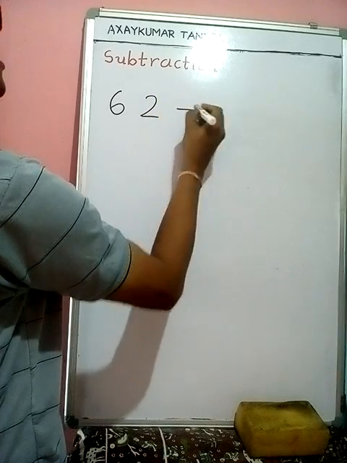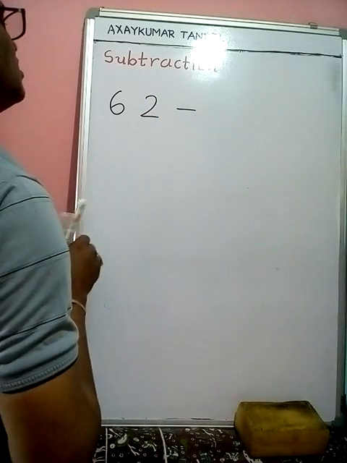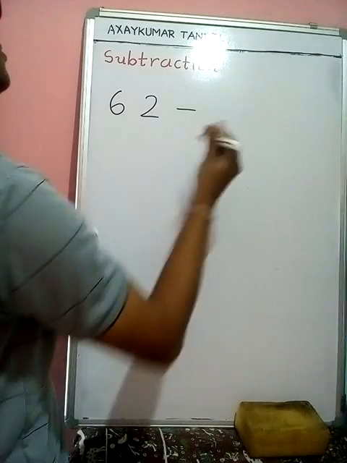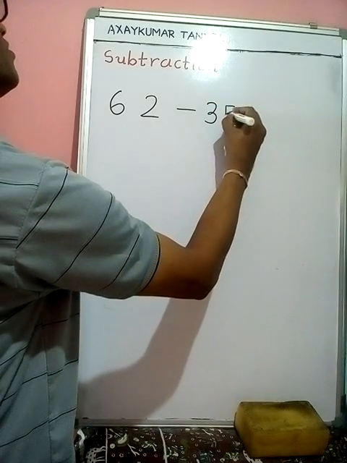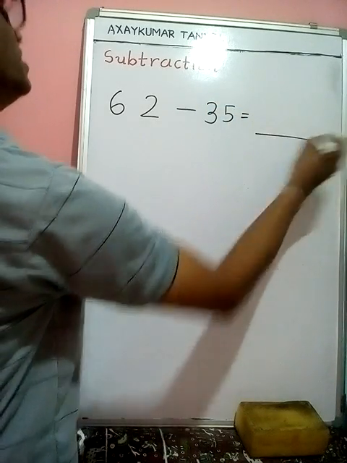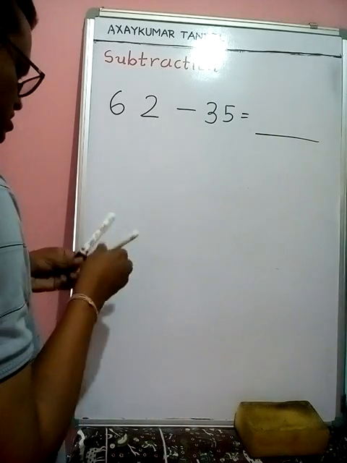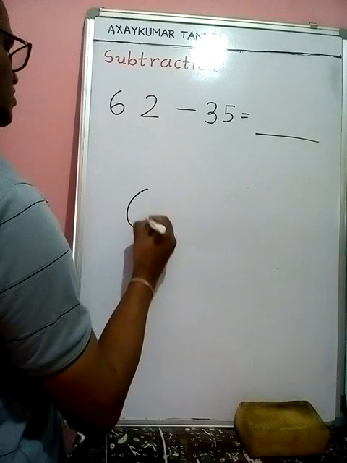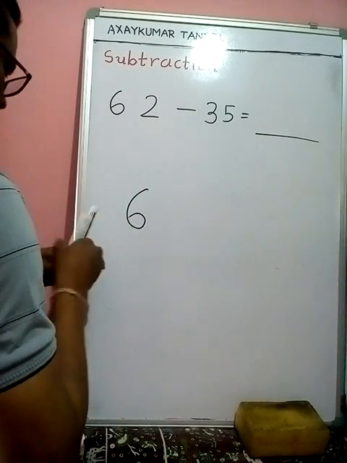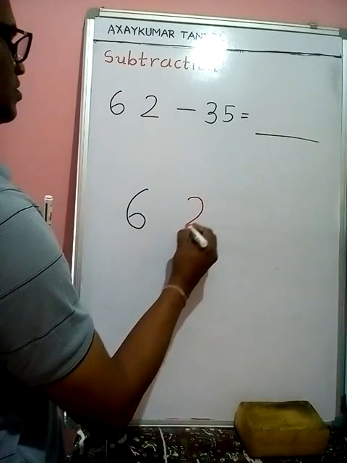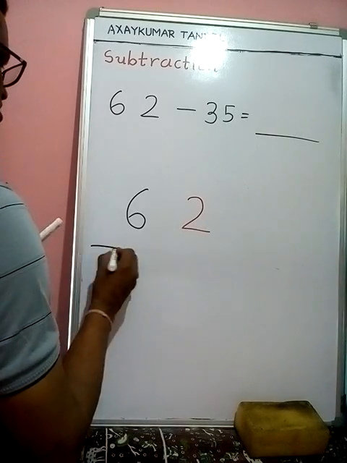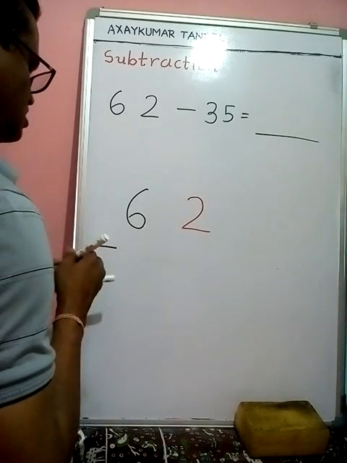62 minus 35 is equal to how many? We write here 62 minus 35.